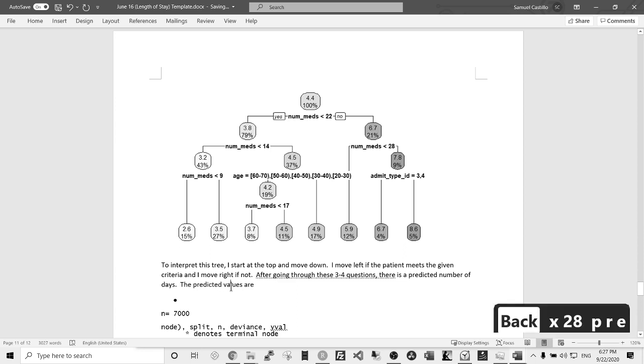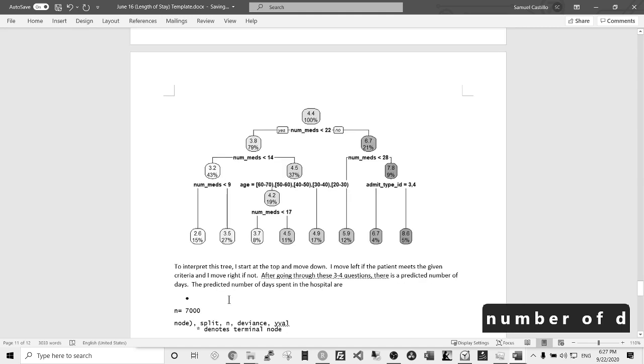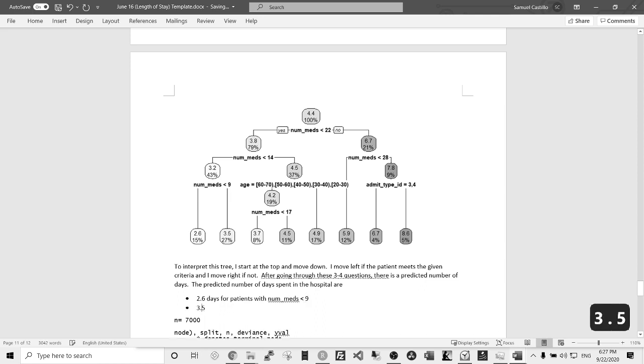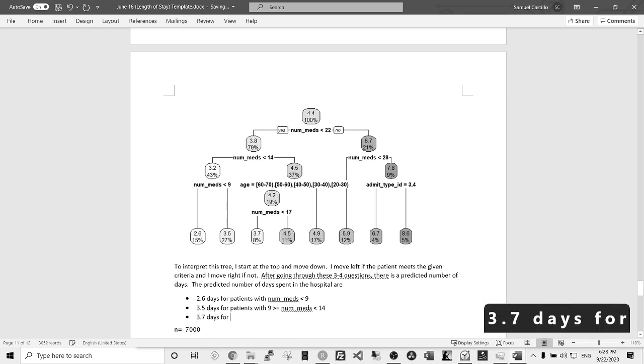The predicted number of days spent in the hospital are 2.6 days for patients with num meds less than 9, 3.5 days for patients with, I'll just use a greater than or equal to sign, between 9 and 14, right? Because it's strictly less than 14, greater than or equal to 9. And then it's 3.7 days for num meds less than 14.